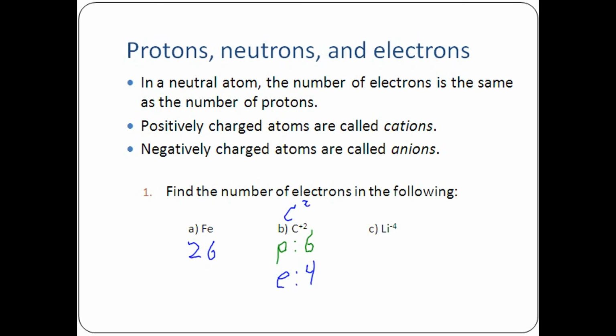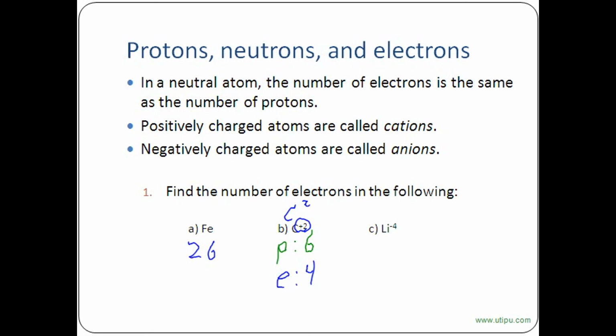Note that there couldn't be 6 electrons and 8 protons. That would still be a positive 2 charge, but it wouldn't be carbon anymore. That would instead be oxygen, because oxygen is what has 8 protons. So whenever you have a positive number for your charge, that basically means that you're going to have a smaller number of electrons than you do protons.